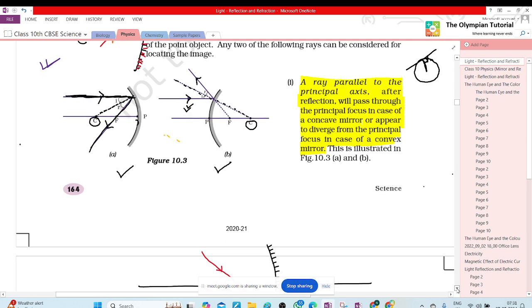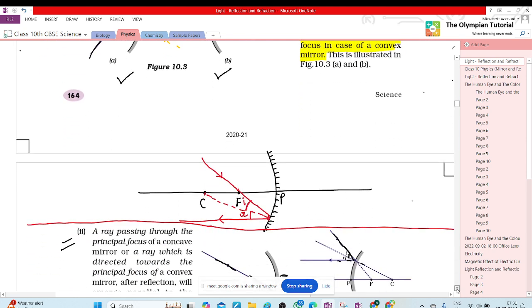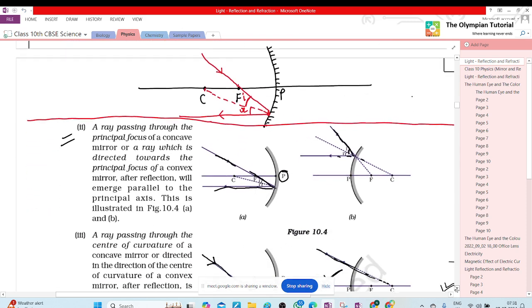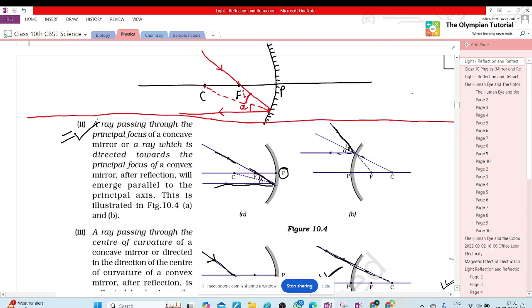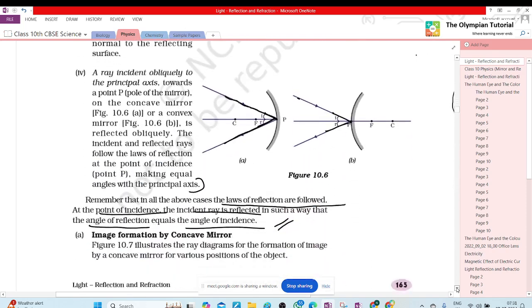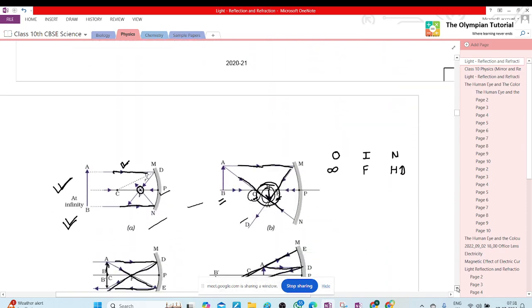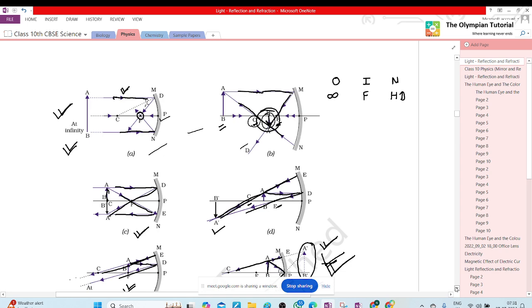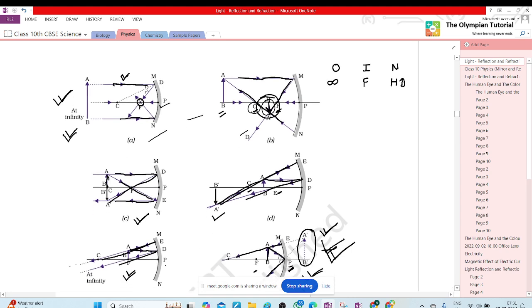Okay, I told you, one second. This condition, second one. If rays come from focus, they become parallel. So this is the only case where we get a parallel reflected ray, when the object is at focus. We have done this one.